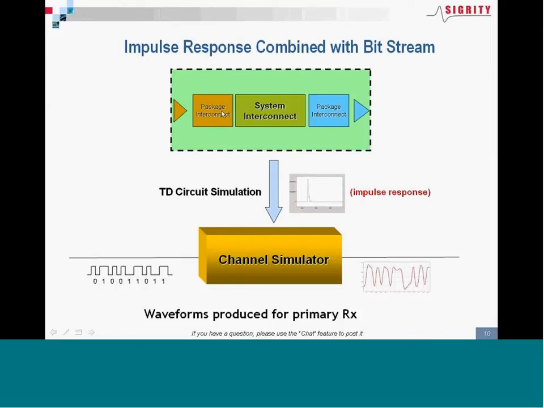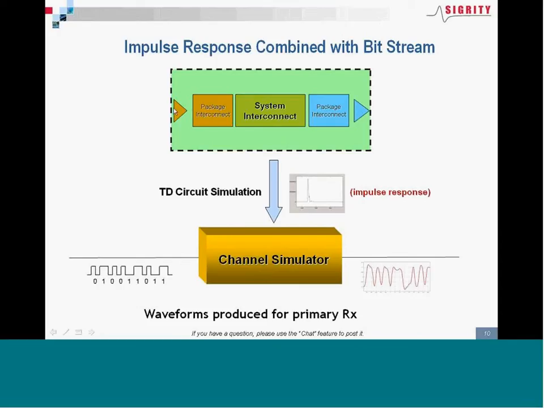Then that analog channel is, in our case, simulated with good old-fashioned SPICE circuit simulation to produce the impulse response. Now, it's very important that this entire analog circuit is simulated together in its totality because these things interact real-time with each other.